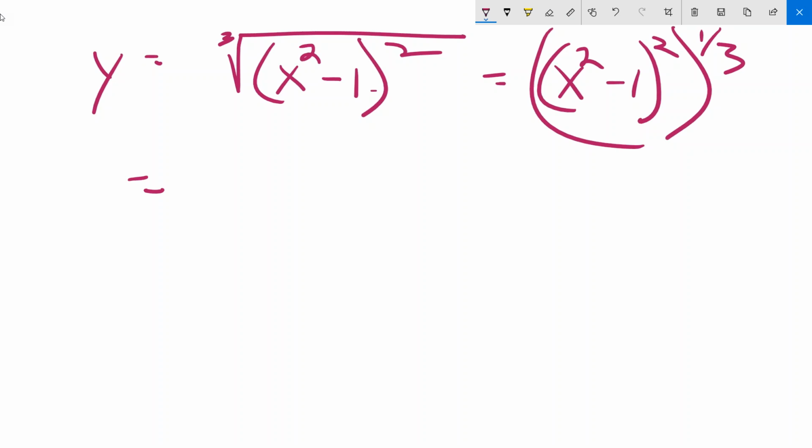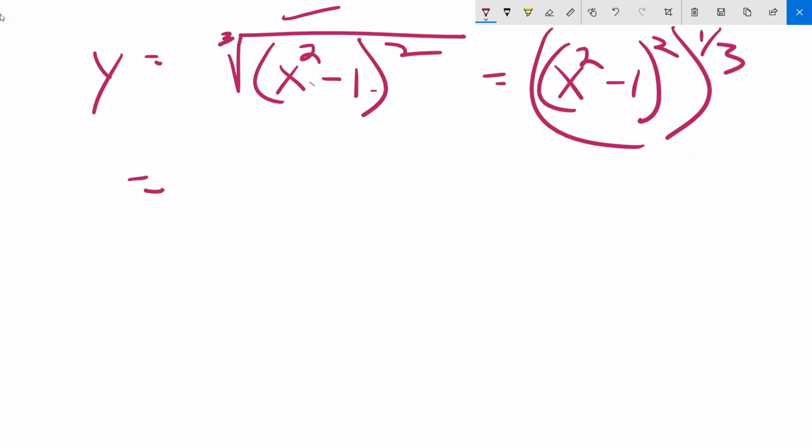One is I actually have a composite function that is the result of three functions. Notice that I have the cube root function, I've got x squared minus 1, and I have something squared. Those are the three functions. So I could apply the chain rule twice, and we'll get to that later, but I don't actually need to do it here if I simplify it first. If I simplify it first, then I only have to apply the chain rule once.